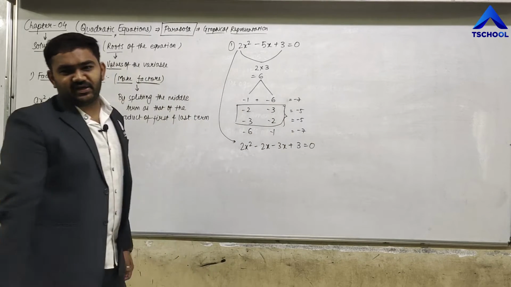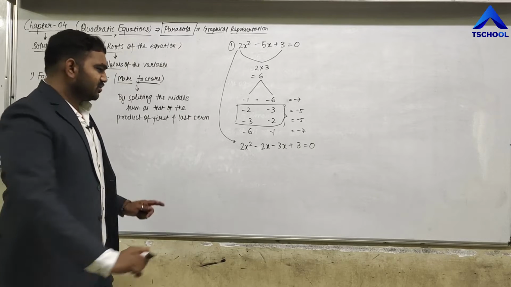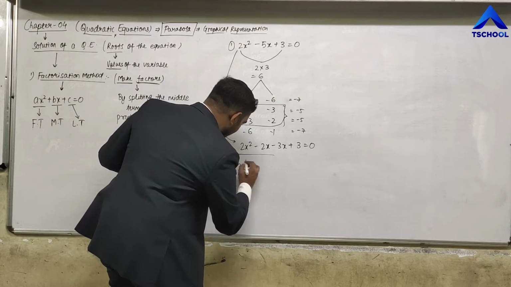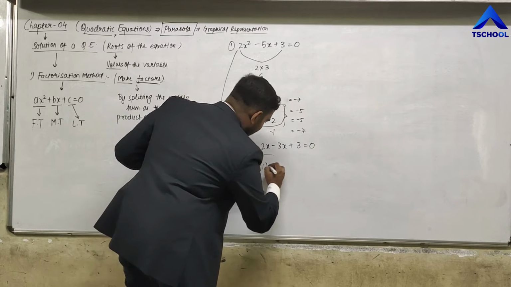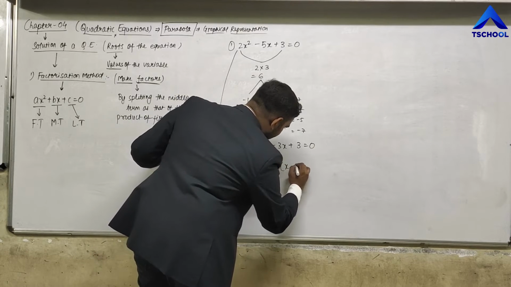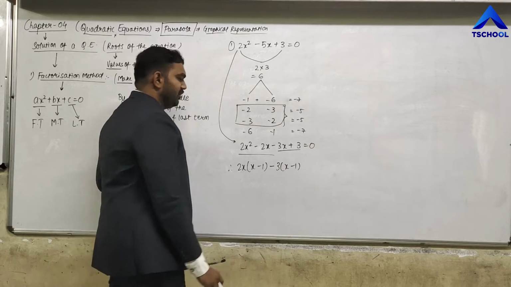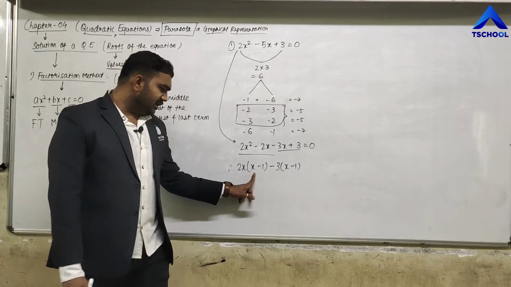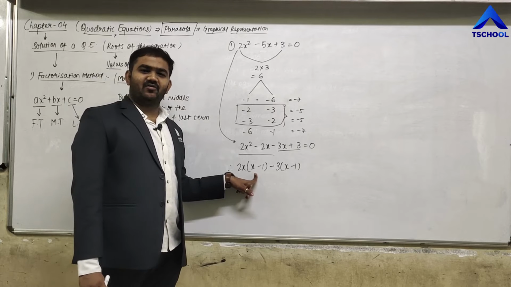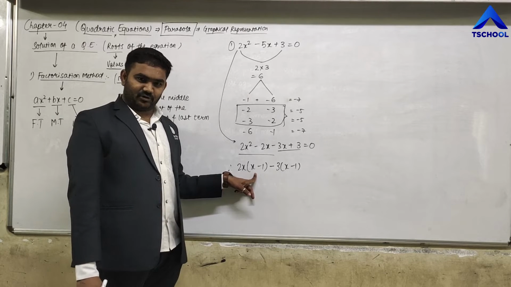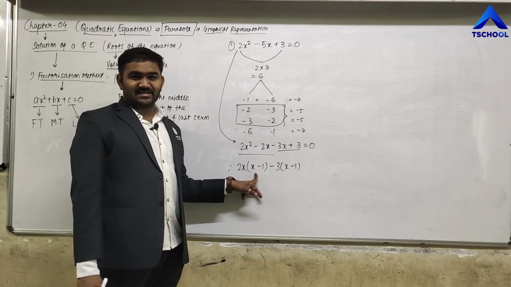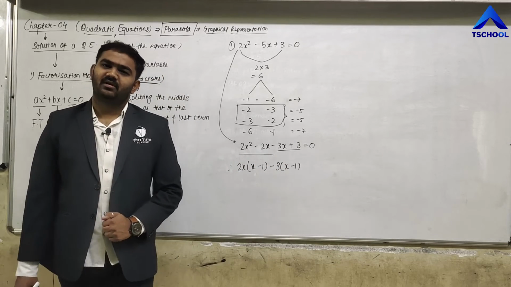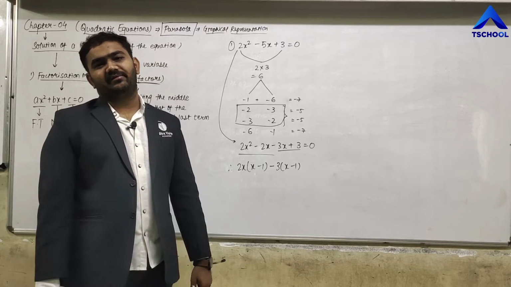So both the conditions are satisfied here. Now we can get the common factors here, that is 2x is common into x minus 1, here minus 3 is common into x minus 1. So the main thing for the factorization here is that the term you get after taking common from the first and second term is exactly the same as the term that we get after taking minus 3 common in the third and fourth term.